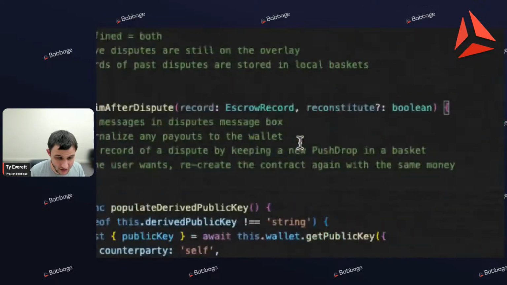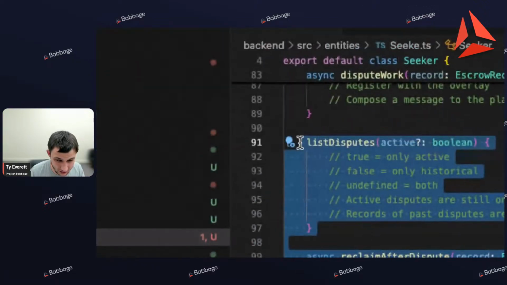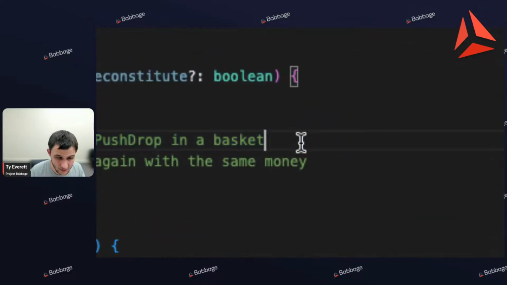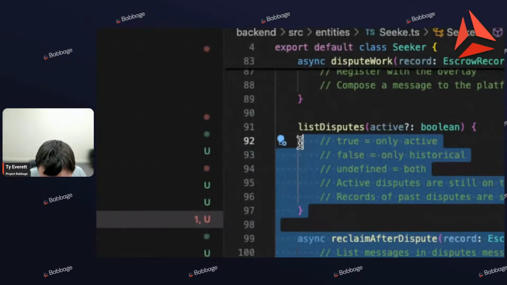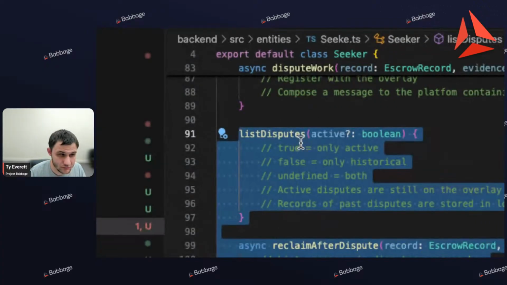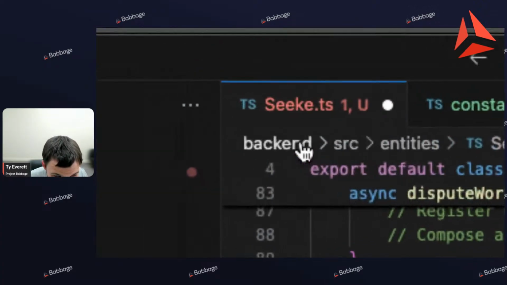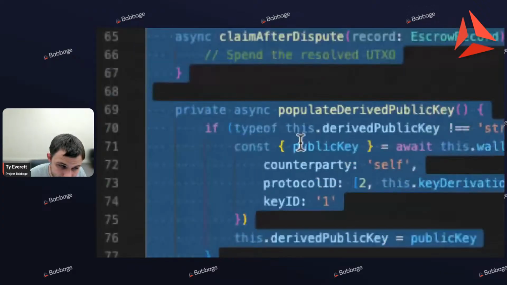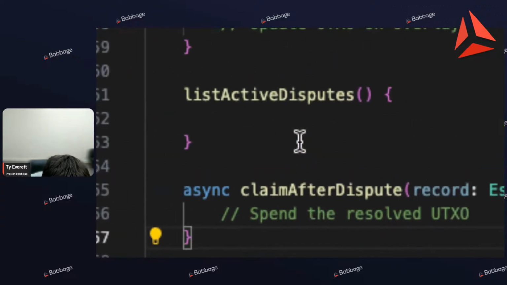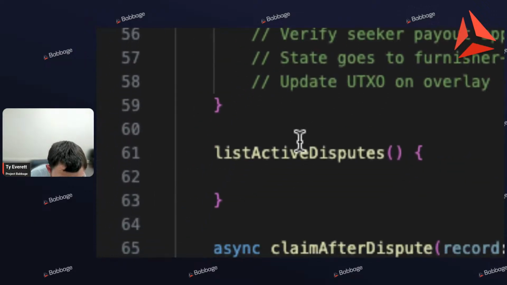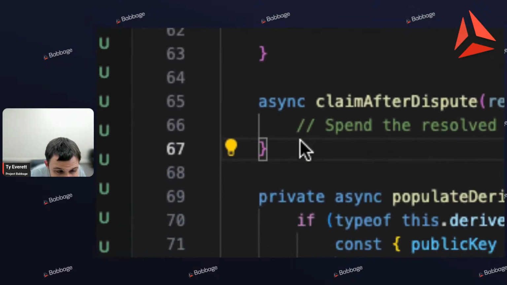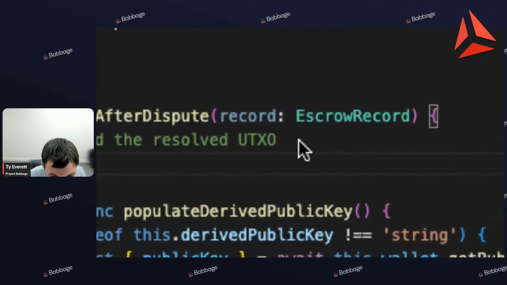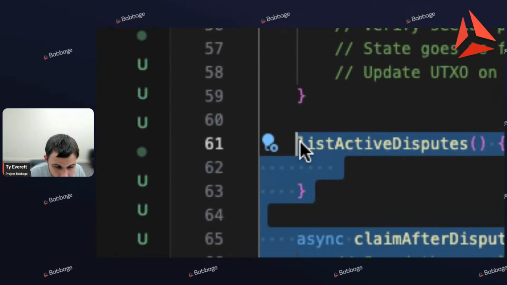All right, this part of the architecture is what's going to be across this one and this one. This is going to be claim after dispute, and it's going to take a record. Just going to overwrite.